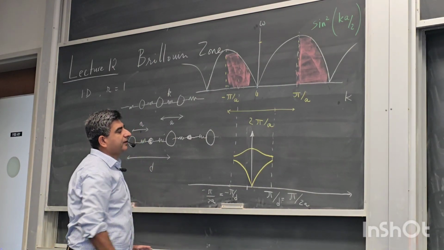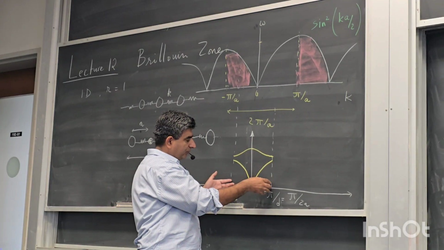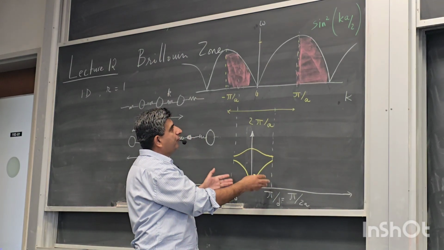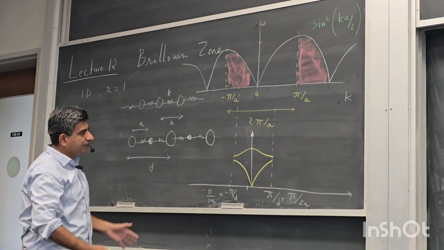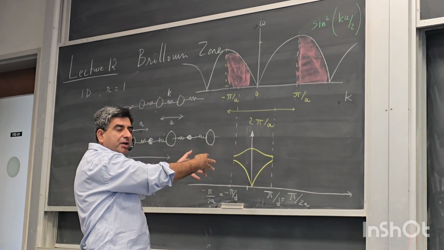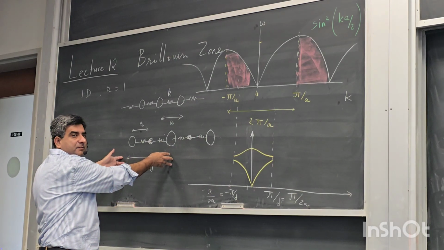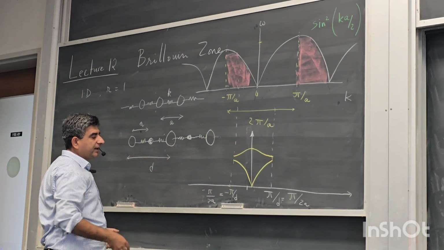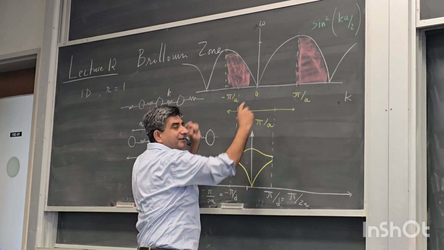So we do notice now that this periodic region, this complete one period, is now shrunk with respect to the 1D case. So the Brillouin zone has shrunk. It has shrunk because the lattice spacing has doubled. The length of the reciprocal lattice vector is now 2 pi over d instead of 2 pi over a.